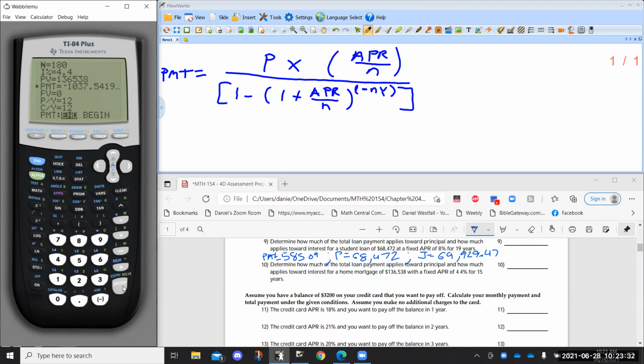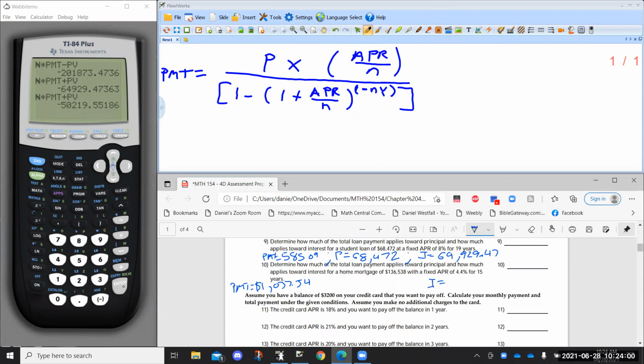So I have a payment there of $1,037.54. I'm going to do my calculation here to say that my interest was $50,219.55, and my principal was $136,538.